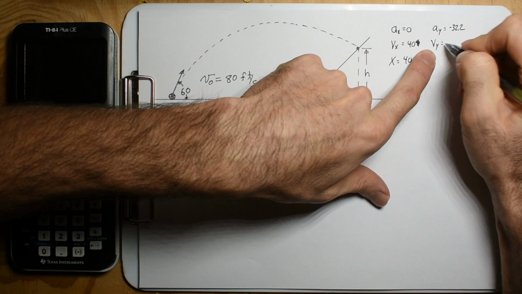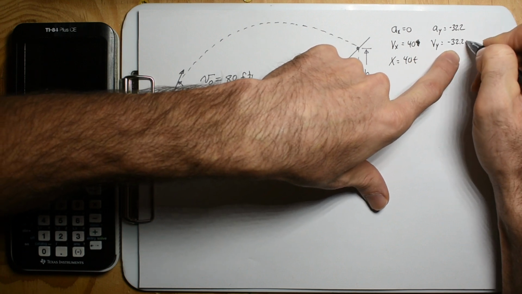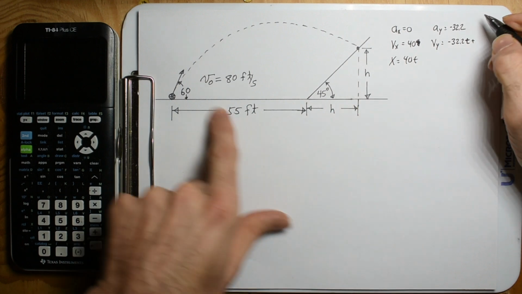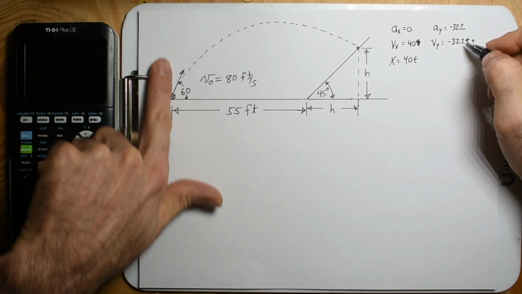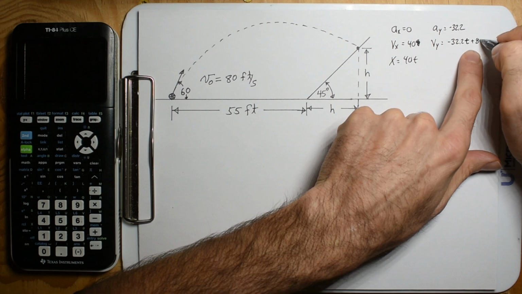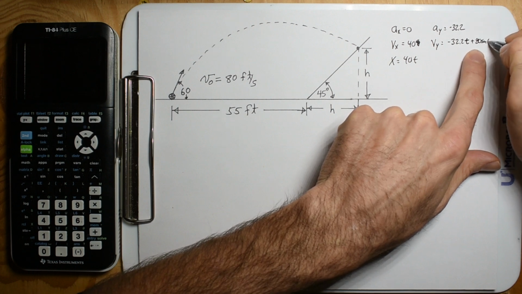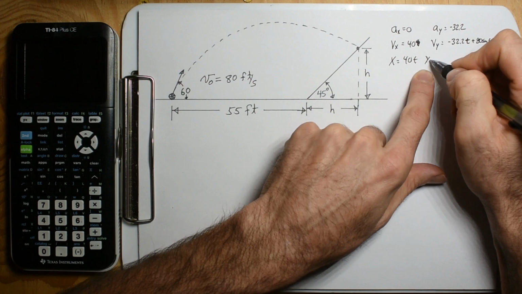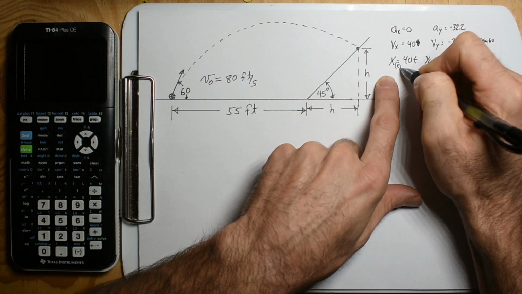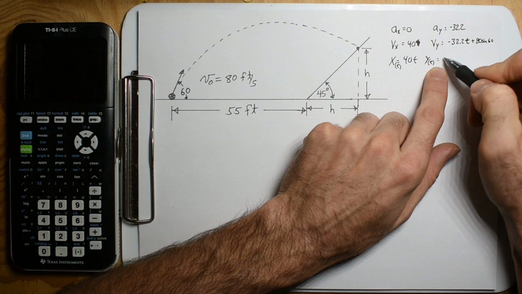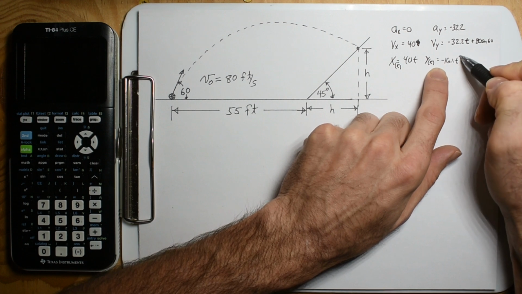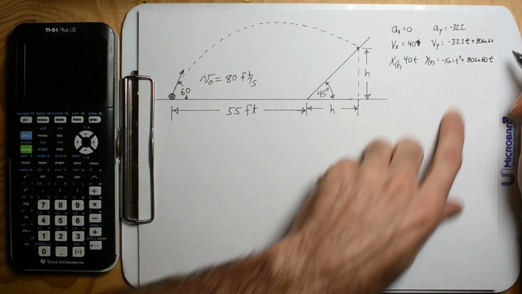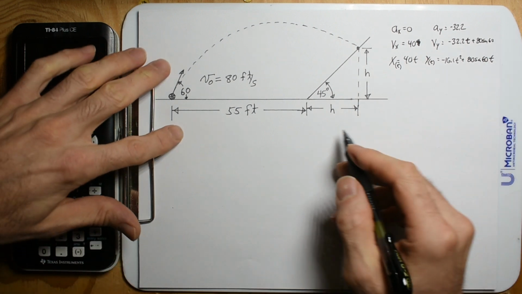We have velocity in the y is negative 32.2t plus the vertical component of the velocity. That's going to be 80 sine 60. And then we have the y position, and this is a function of time. All these are functions of time. And it's going to be negative 16.1 t squared plus 80 sine 60 t. Okay.